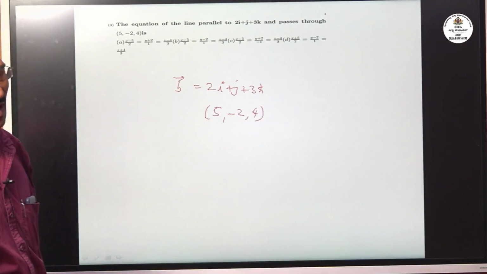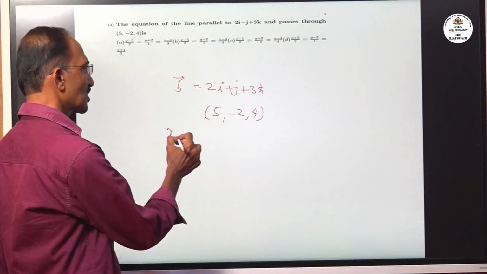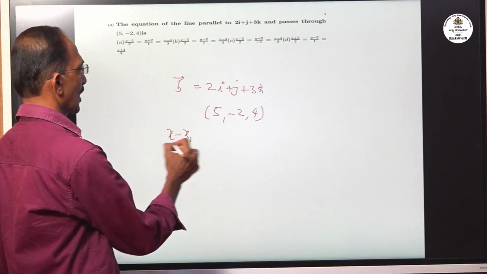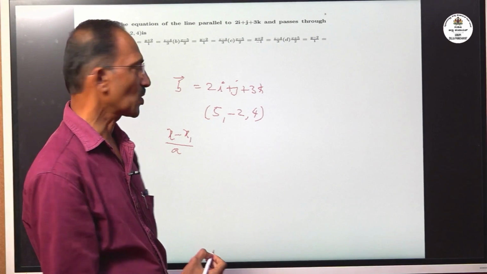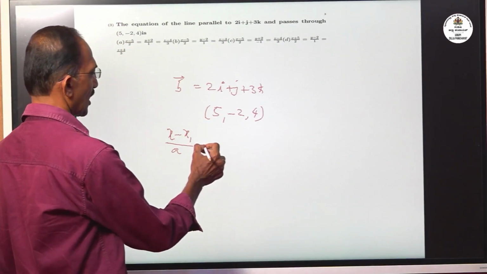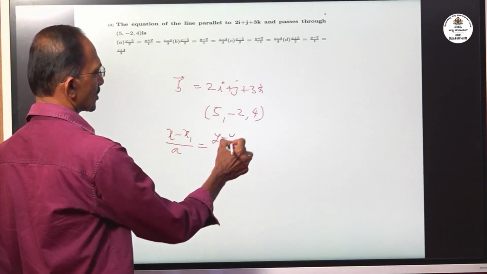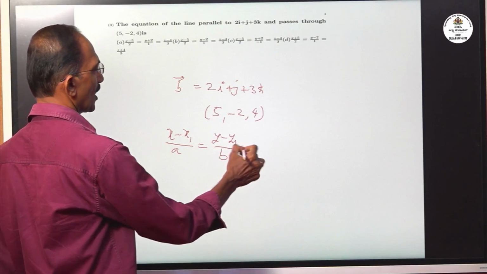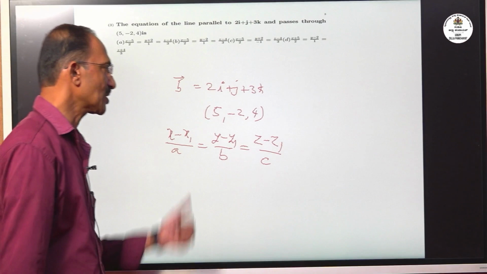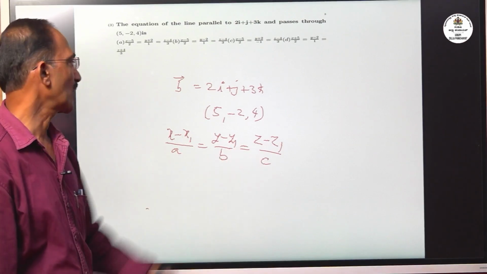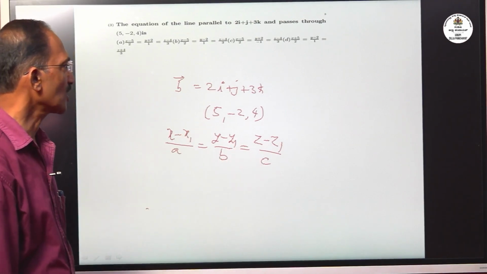So the equation of a line is x minus x1 by the direction ratio, that is the i component, equals y minus y1 by b equals z minus z1 by c. So you replace x1, y1, z1 by the point 5, minus 2 and 4.